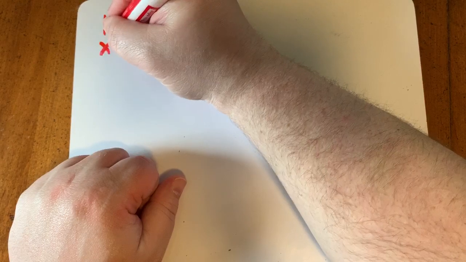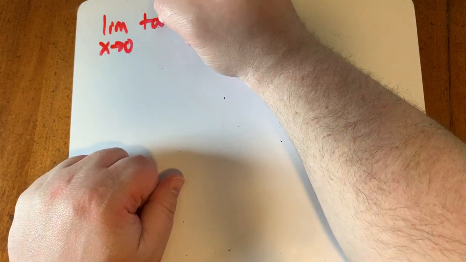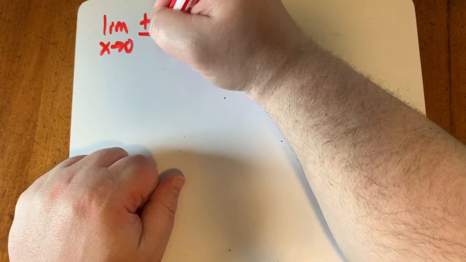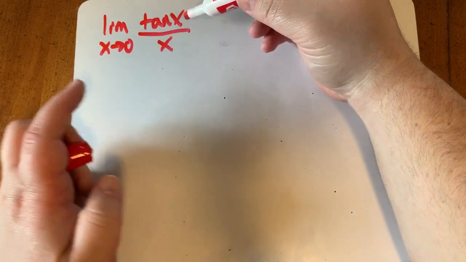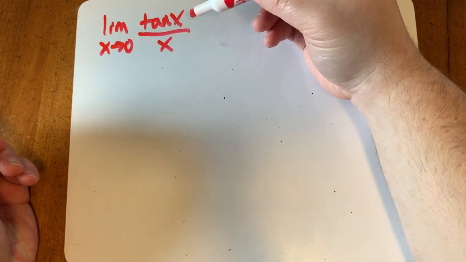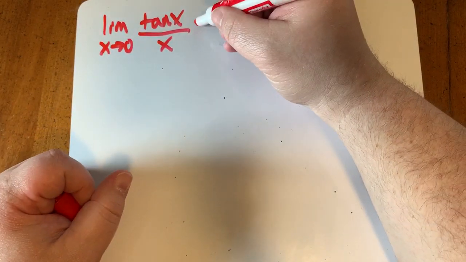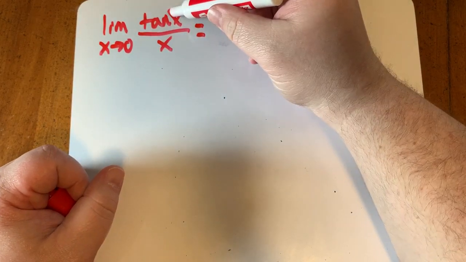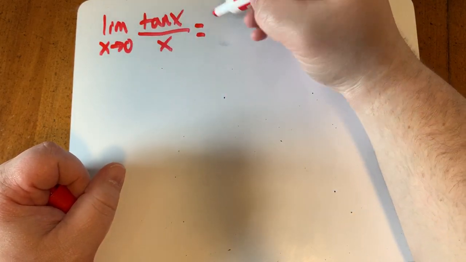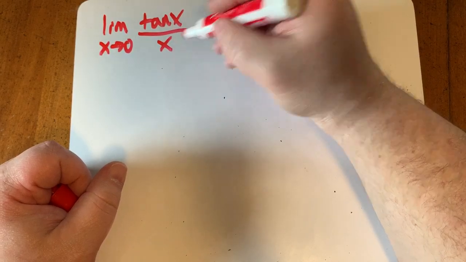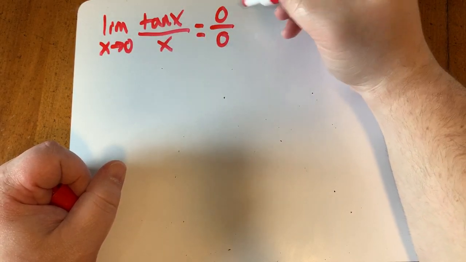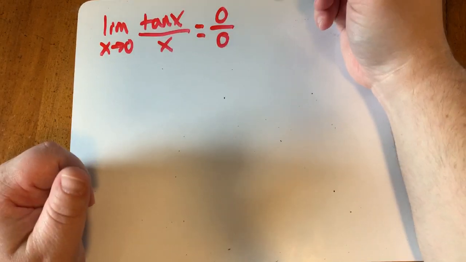So let's try the original form where it's just tangent of x over x. It worked for sine, it gave us a limit. It didn't give us a limit for cosine. But let's try here. Tangent of x, if you plug in 0, is 0, and 0 is 0. Oh, it's that indeterminate form.